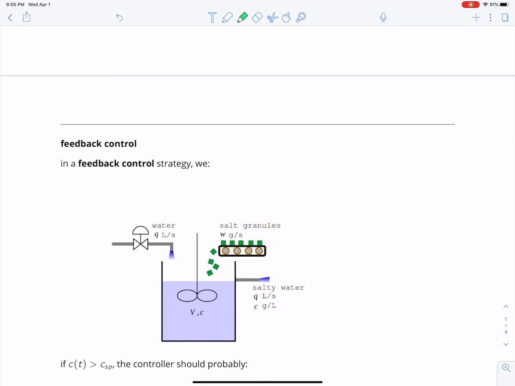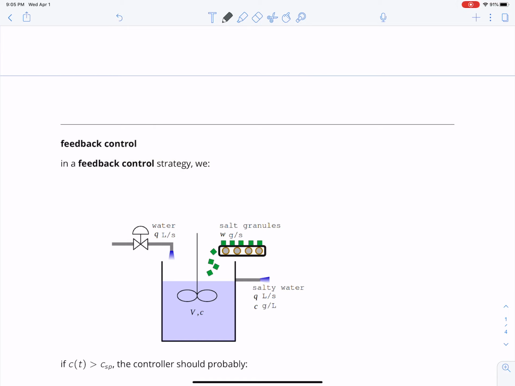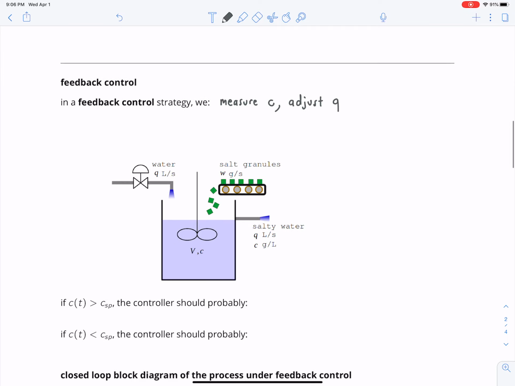So, in a feedback control scheme, let's consider outfitting this with a feedback controller. Remember, in a feedback control strategy, we measure the controlled variable. So here we would measure C. And then we would adjust the manipulated variable and adjust Q based on our measurement of C. So let's draw a little salt concentration analyzer here.